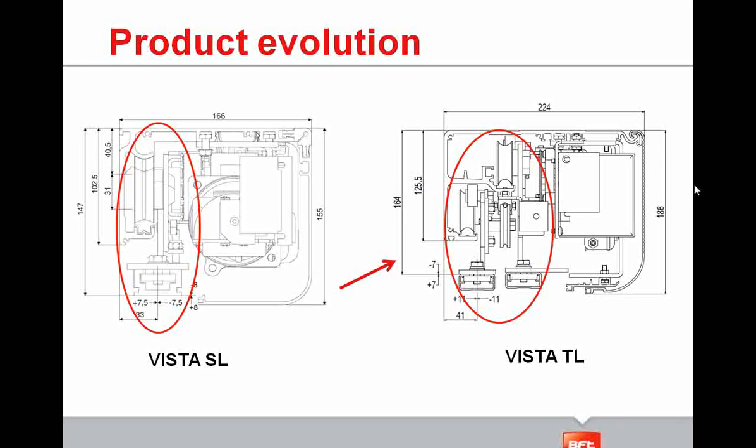So here we can see the difference between Vista SL and Vista TL. You see in Vista SL, there is only 1 wheel, and so only 1 leaf. In this case, you can see there are 2 wheels. Wait a moment. Okay, one is here, and one is over there.